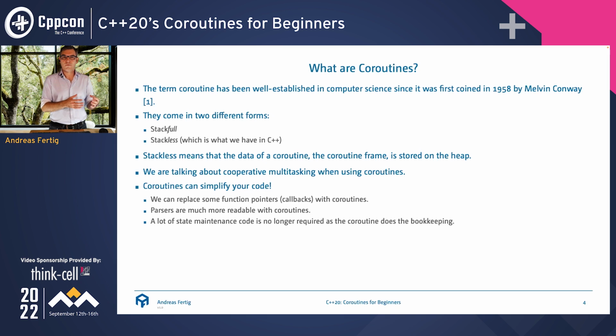I know them a lot from embedded systems, where they cooperate with each other: the tasks give up and get continued, as opposed to having a real multi-threaded world where the scheduler from the outside pauses your thread and continues another one.